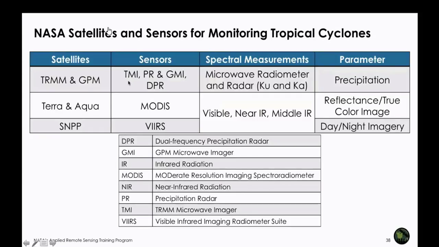TRMM and GPM, they both have microwave imager as well as radar. TRMM had single frequency precipitation radar in Ku band, and GPM has dual frequency precipitation radar. And they provide not only information of rainfall at surface, but also how precipitation particles are distributed in vertical.